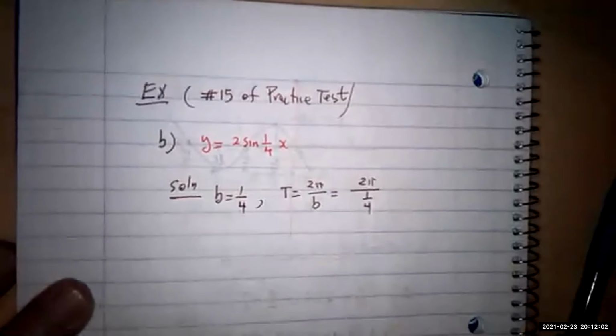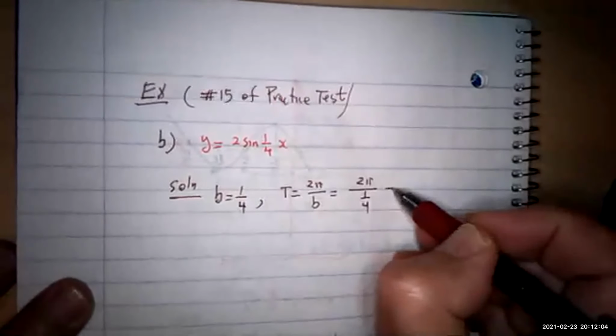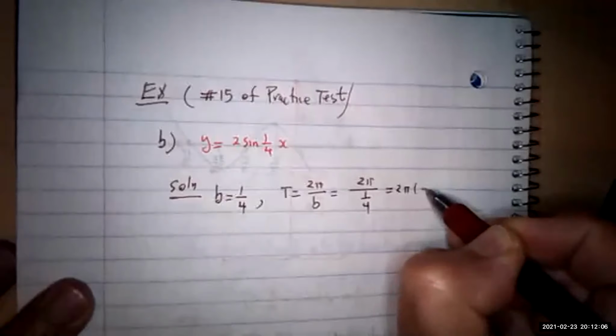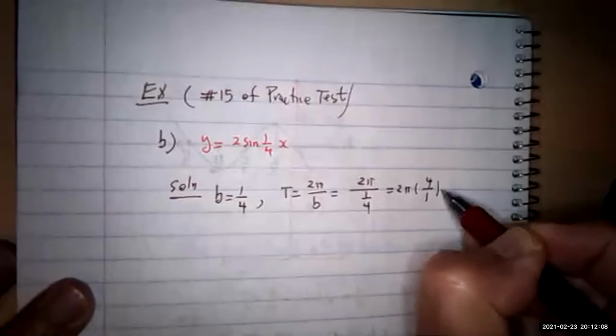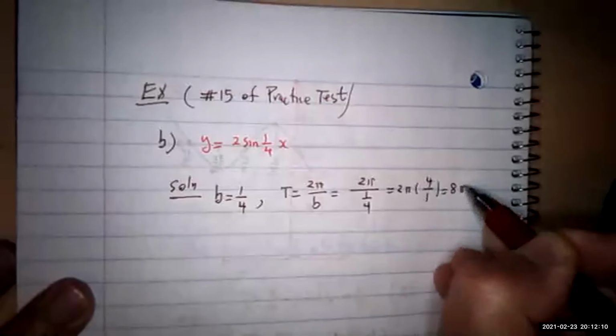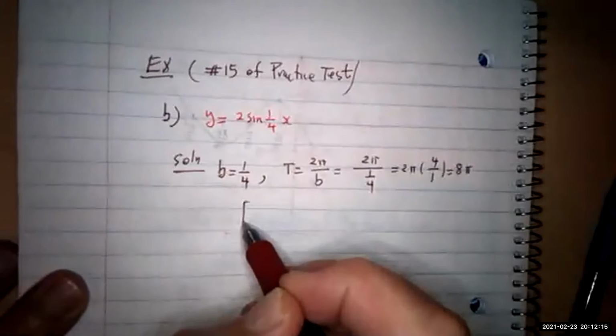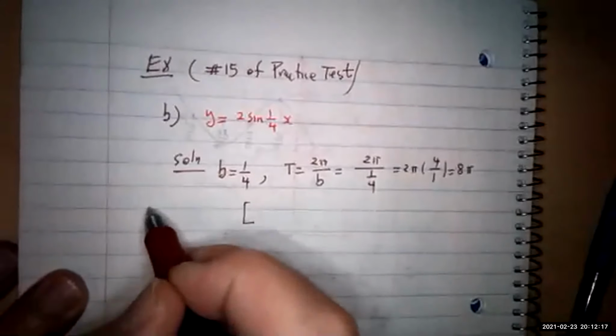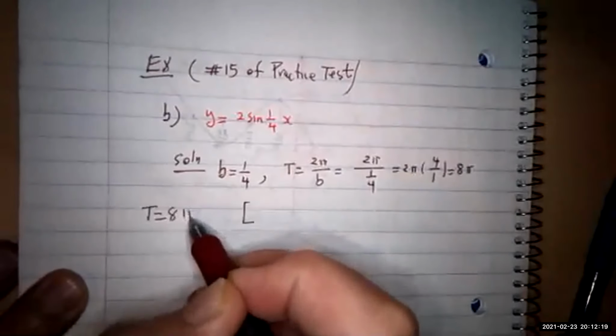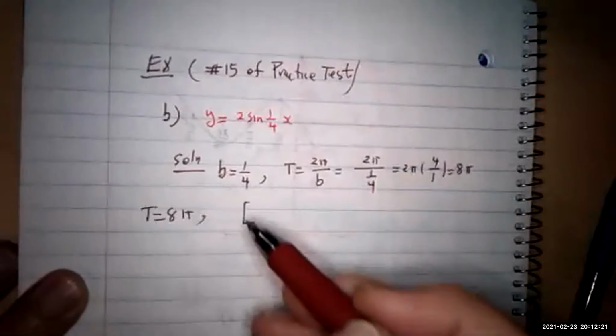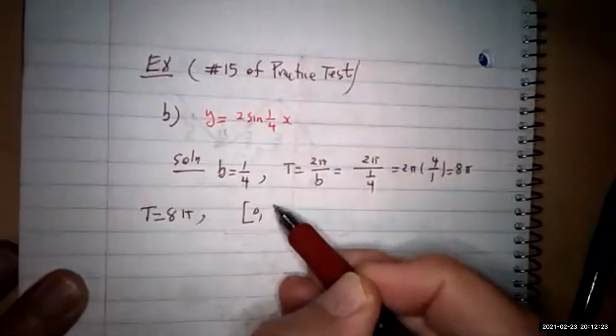Use the reciprocal of the bottom, so it's 2 pi times 4 over 1, which is 8 pi. So T is equal to 8 pi, and the interval we're interested in is 0 to 8 pi.